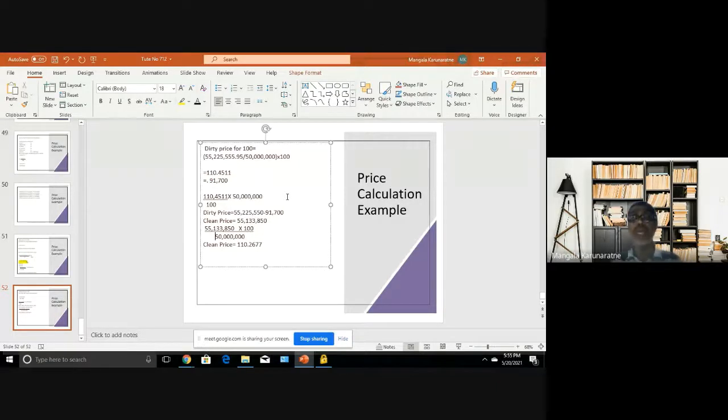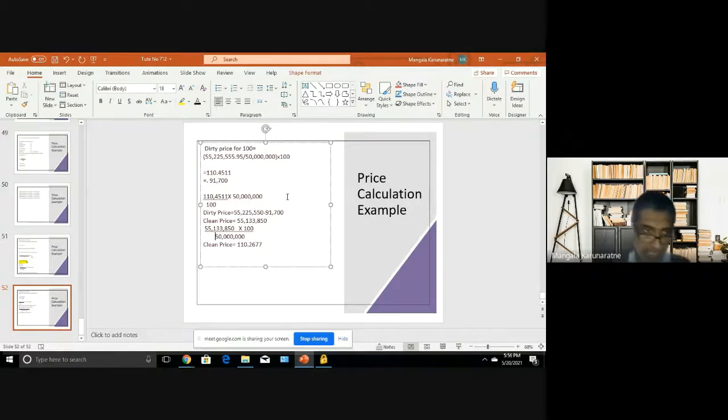You have to pay the clean price of this bond plus the accrued interest. The clean price is 55,133,850. Accrued interest is 91,700, and the total purchase consideration is 55,225,550.